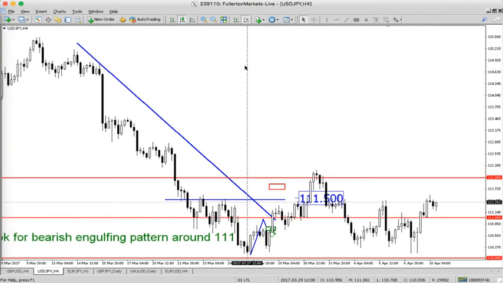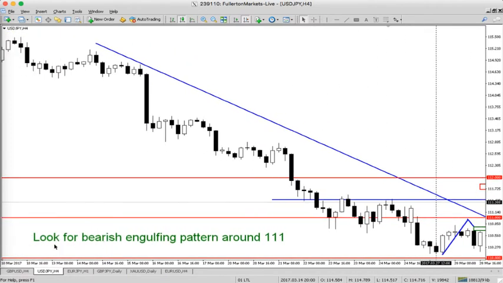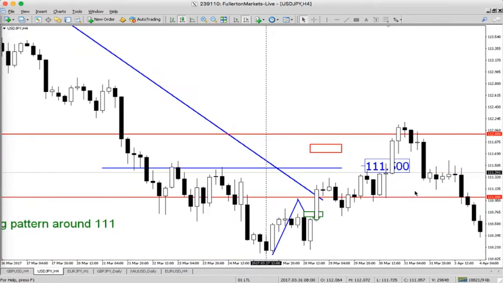The second chart is basically dollar yen. Again, my criteria is to look for a bearish engulfing pattern around 111. So 111 is basically this red horizontal line over here. That's the price 111. So I'm expecting price to go near it. Again, the price did not go near.